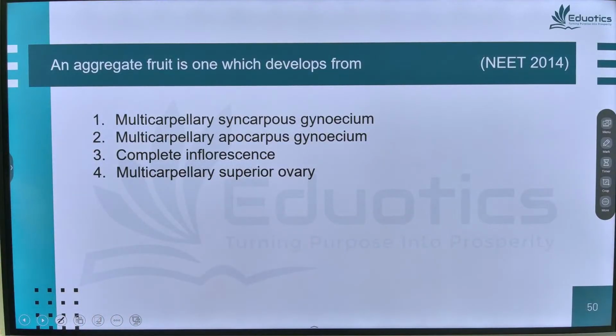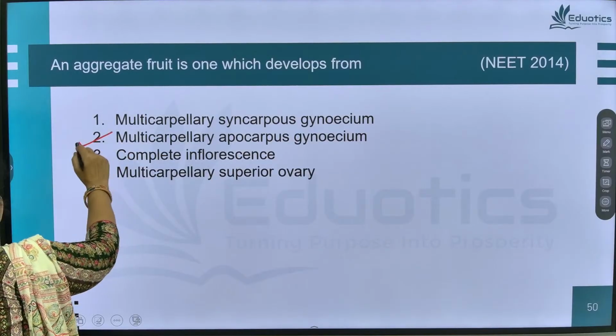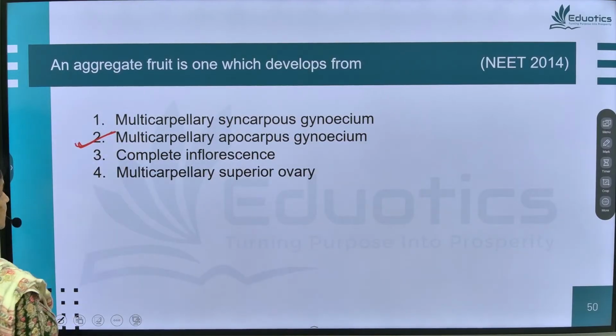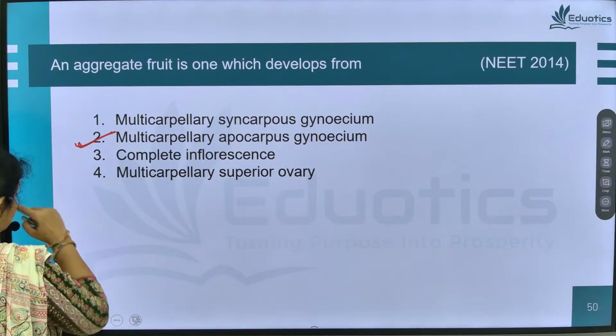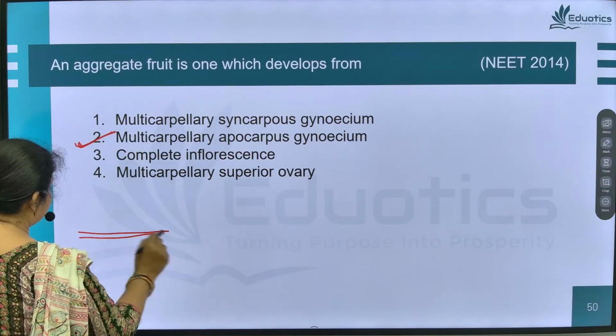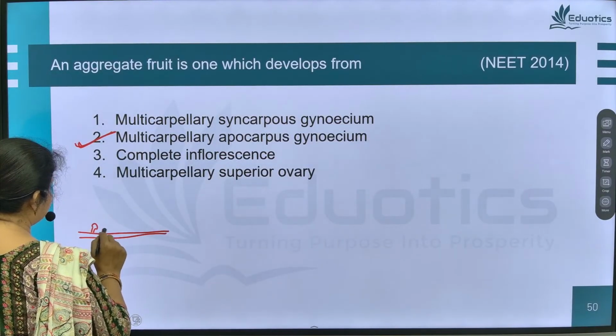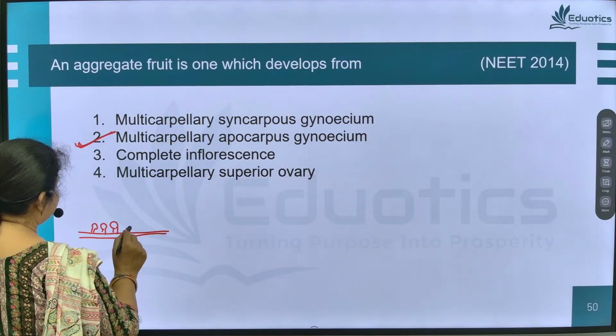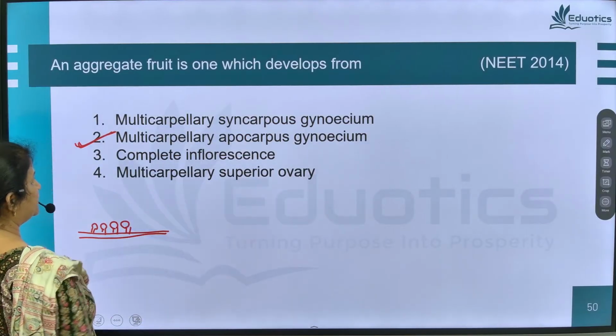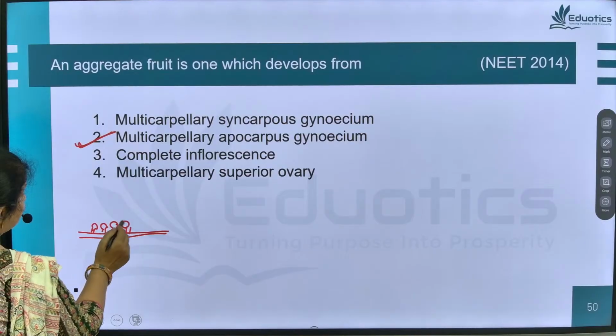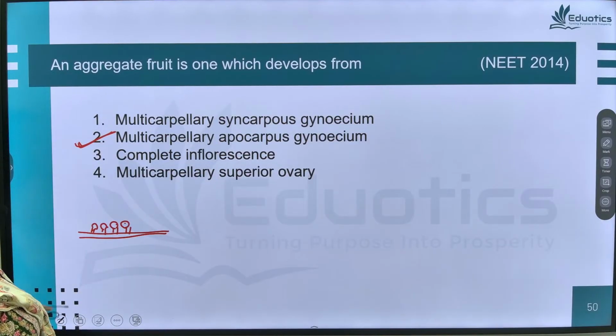An aggregate fruit develops from a multicarpellary apocarpous ovary. You can see mulberry: many small fruits are arranged and each one is an ovary. So a multicarpellary apocarpous gynoecium, in which all carpels are separate and not fused with each other, develops into an aggregate fruit.